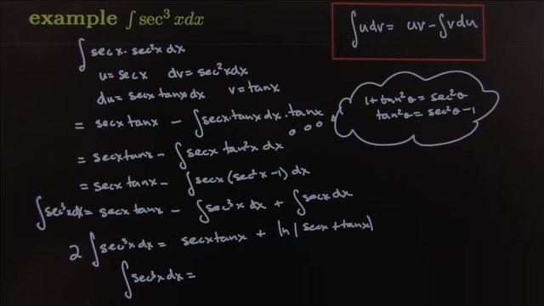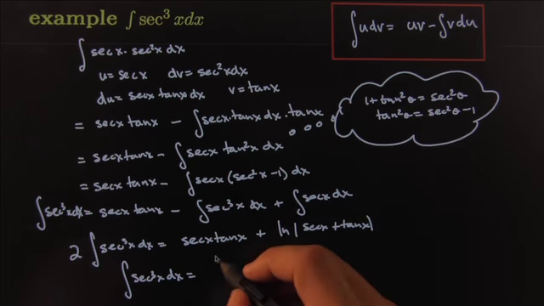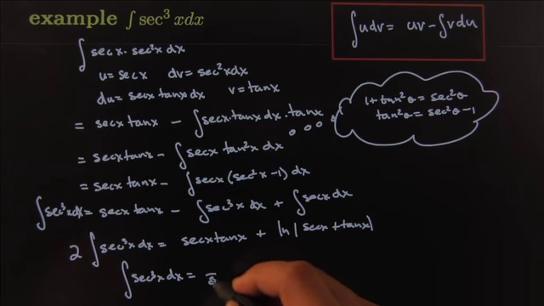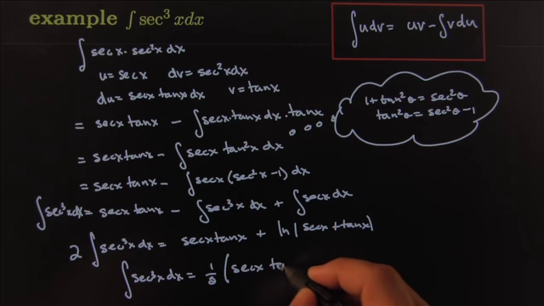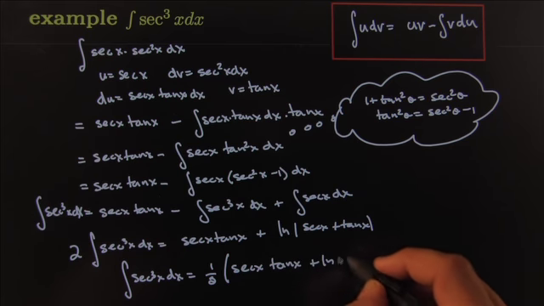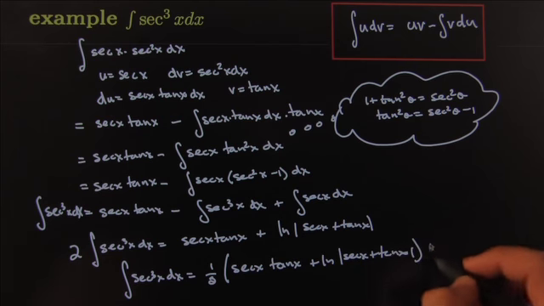Well, on my triumph part, I always like to play music. So that would be equal to 1/2 secant x tangent of x plus ln of secant x plus tangent of x plus a constant.